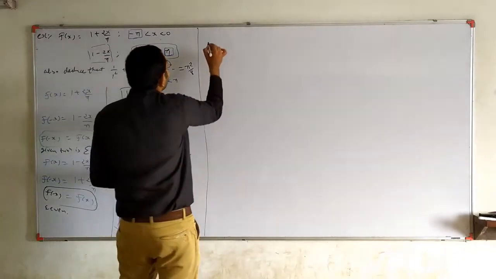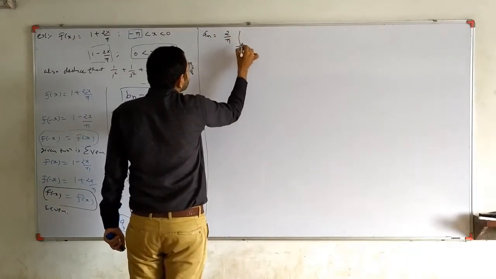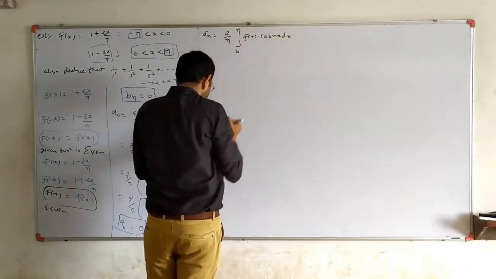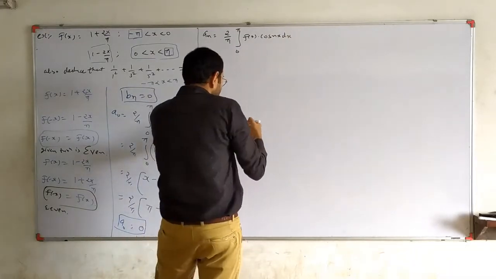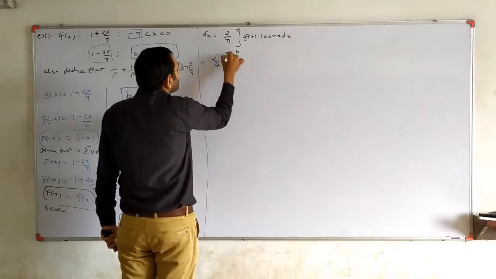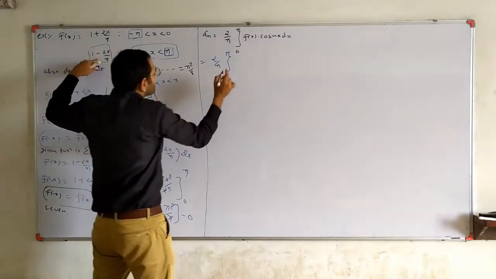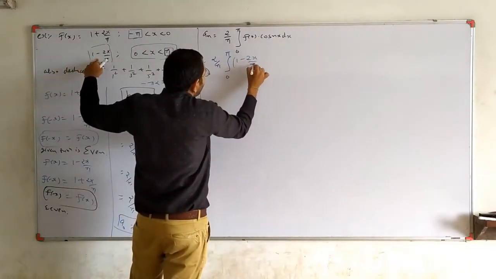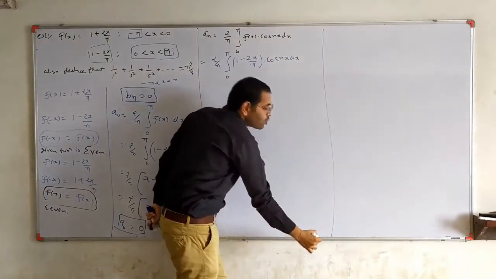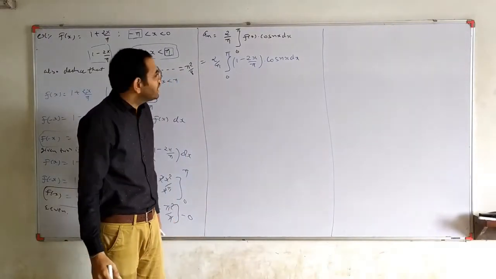Similarly, you can find an. an equal to 2 by pi integral 0 to pi f of x cos nx dx. Now substitute the value: here 2 by pi integral 0 to pi, in the 0 to pi interval the function is 1 minus 2x by pi, cos nx dx. Then we use Bernoulli's rule for integration of a product.